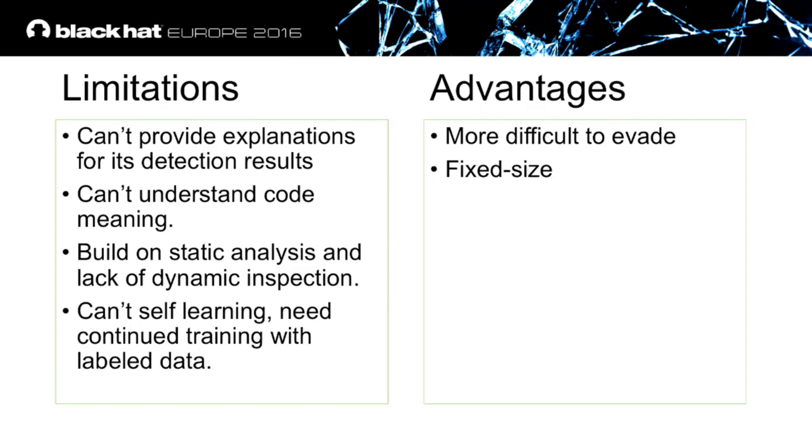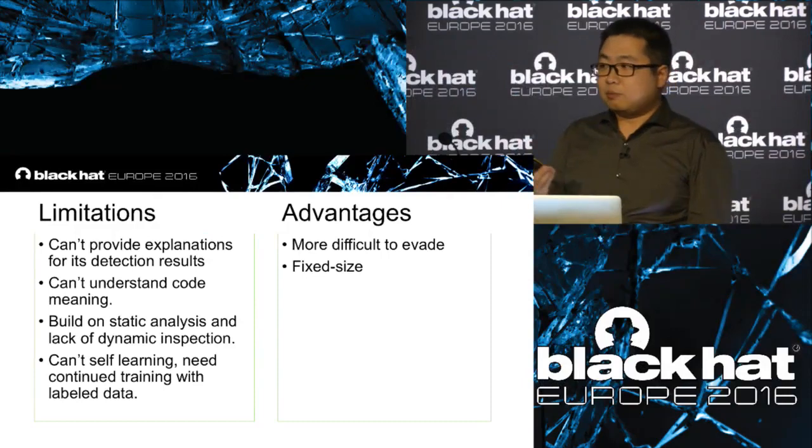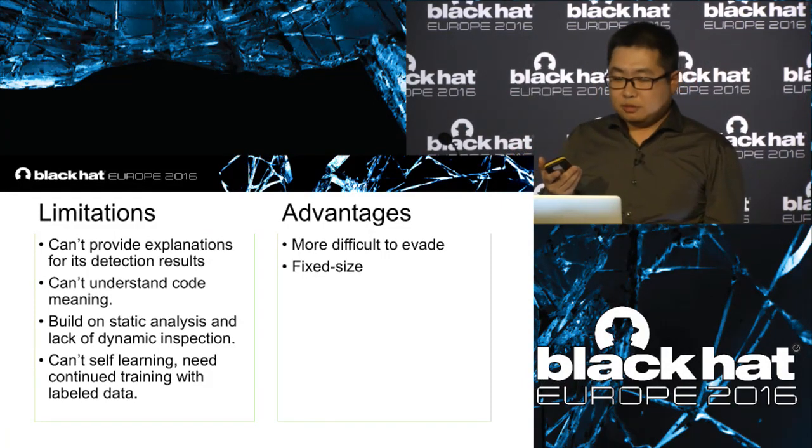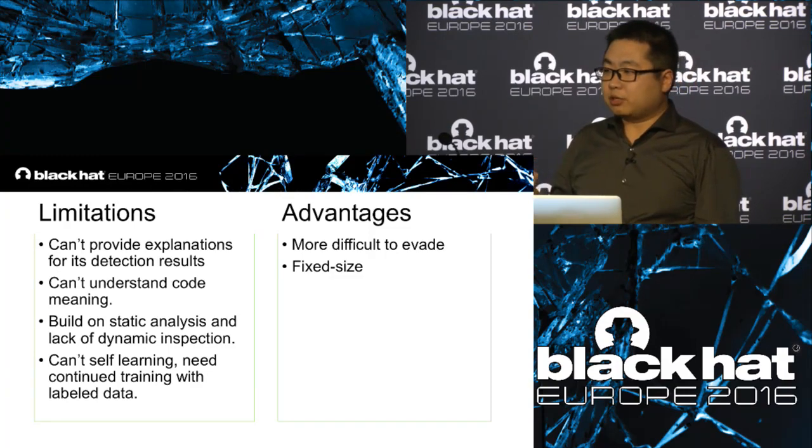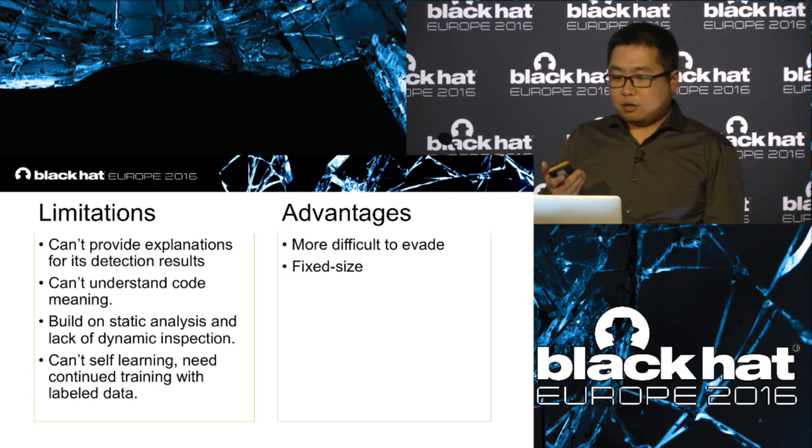But it also has a benefit that attackers don't know which feature caused the detection of their malware either. And besides that, the features are mainly primitive information, such as the number of files in APK and the size of a directory. So it's more difficult to evade detection.